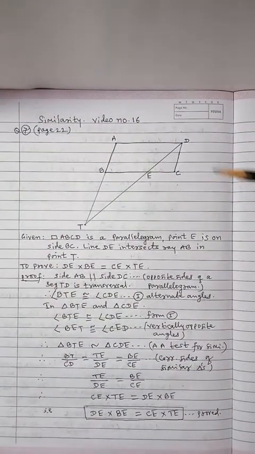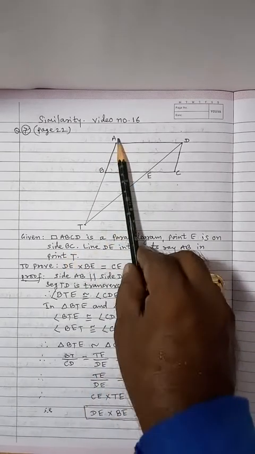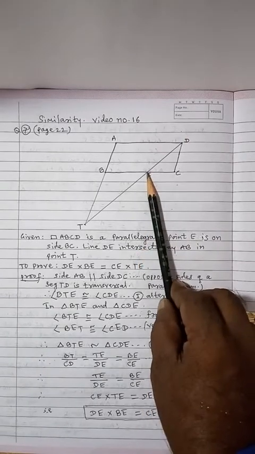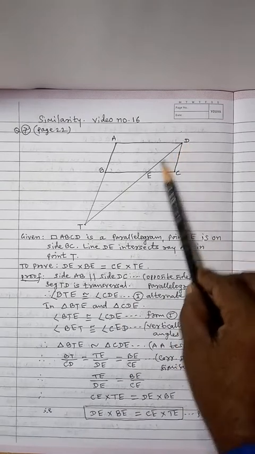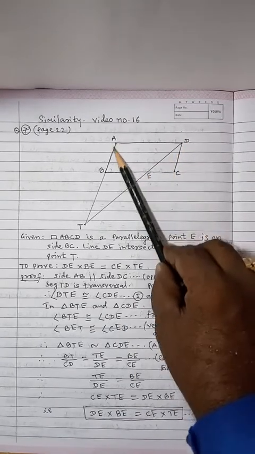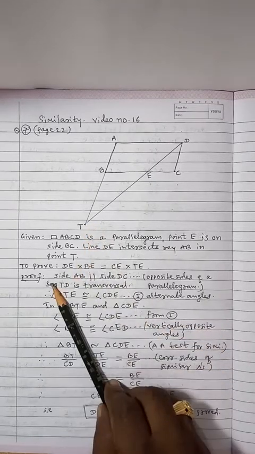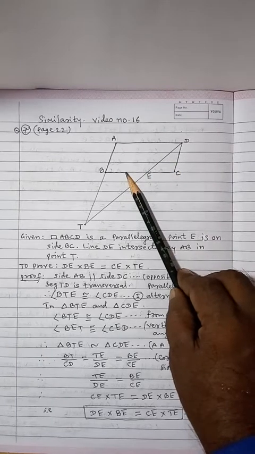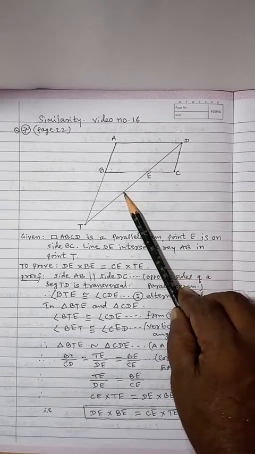So see here, it is the figure. What is given, we have just seen. Quadrilateral ABCD is a parallelogram. Point E is on side BC. Line DE intersects ray AB in point T. We have to prove DE into BE is equal to CE into TE.